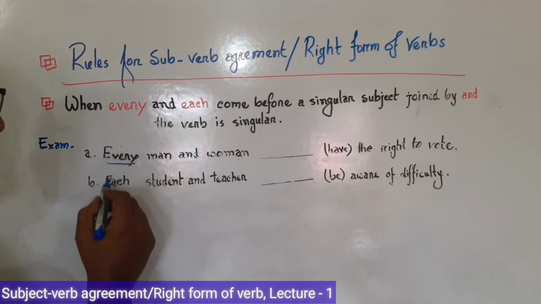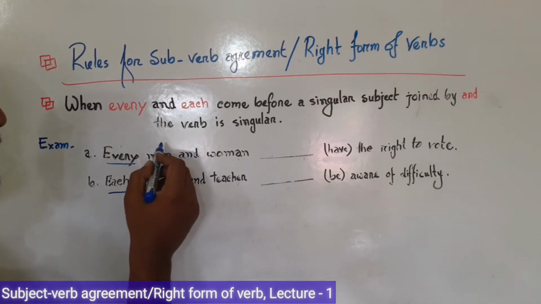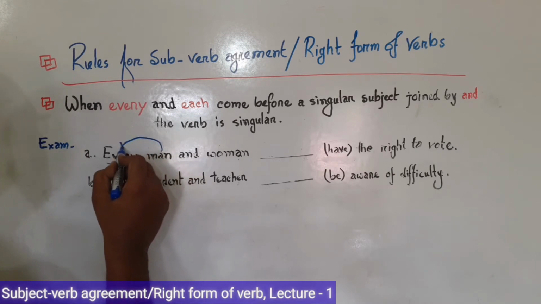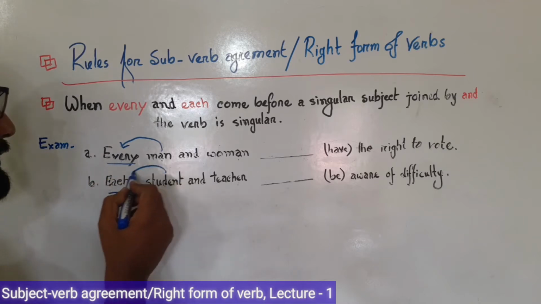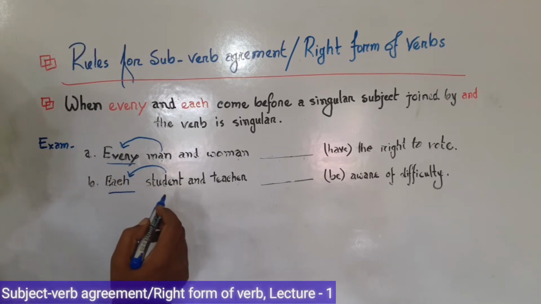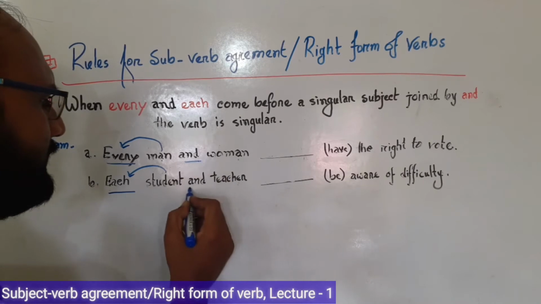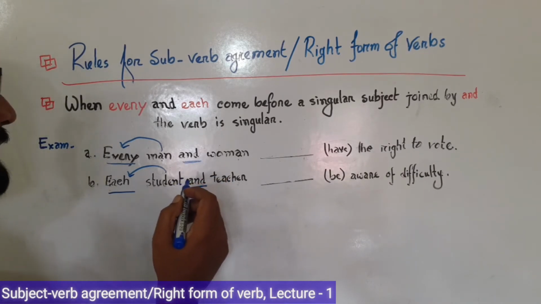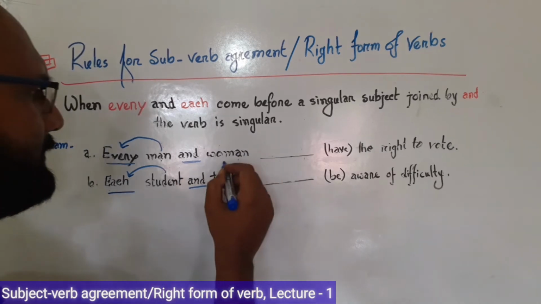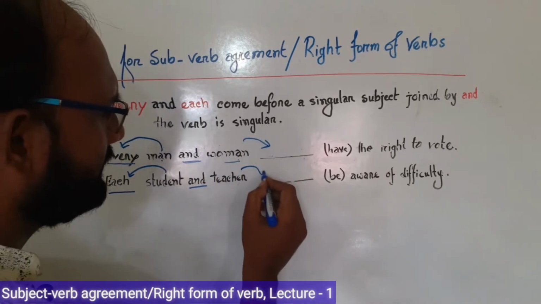When every and each come before singular subjects joined by and, the verb after them is singular.